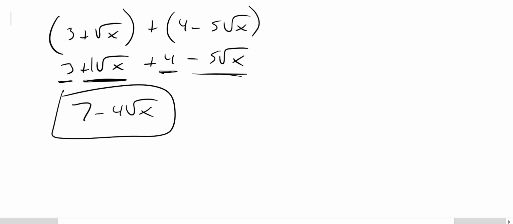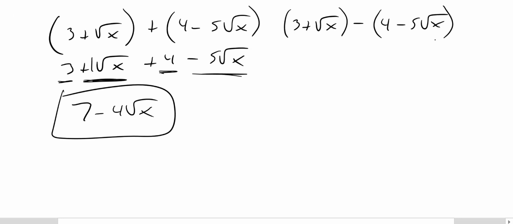Okay, so let's do that exact same problem on the right here. 3 plus square root of x, but also put a minus sign in there. So 4 minus 5 square root of x. So the deal with the minus is you got to distribute it to both terms. It's really important, guys. The most common mistake here is people just say minus 4, and they only do it to the first term, and they don't do it to both. So you got to do it to both.